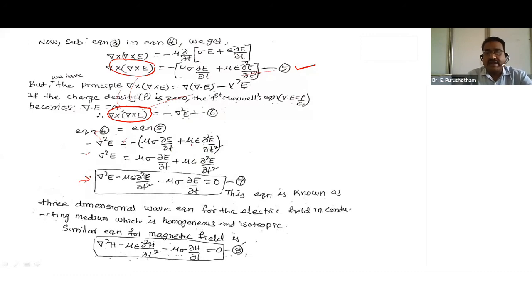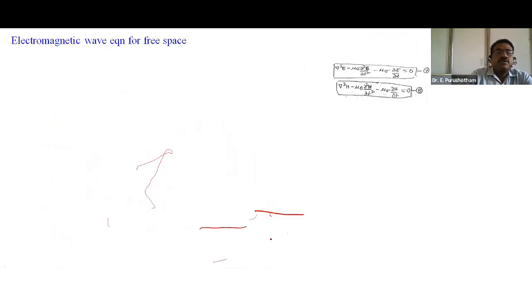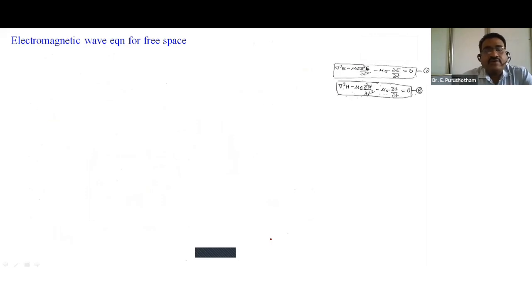This equation is known as the three-dimensional wave equation for the electric field intensity in a conducting medium, which is homogeneous and isotropic. Similarly, for the magnetic field, this is equation 8. Now the electromagnetic wave for free space.